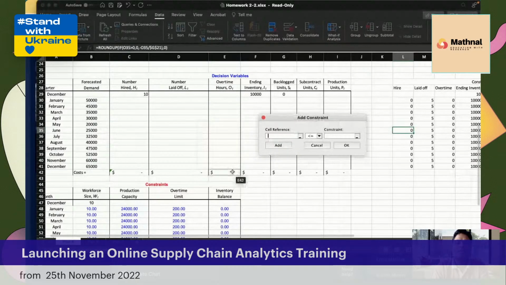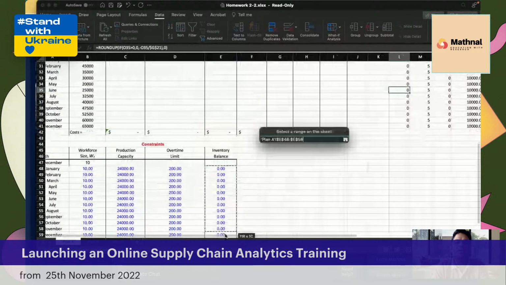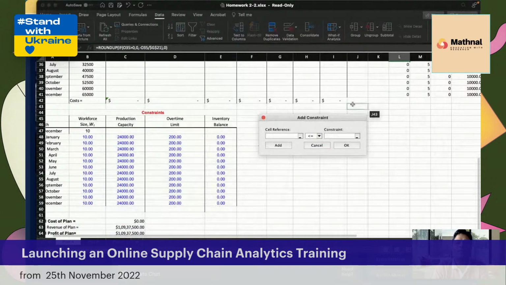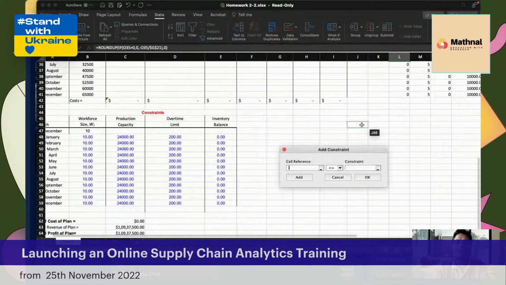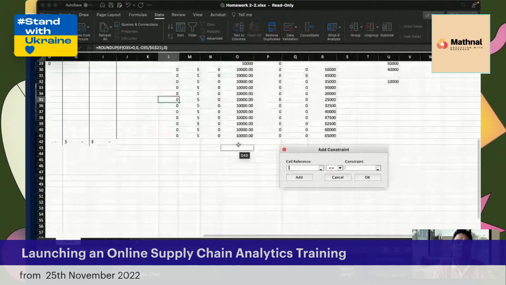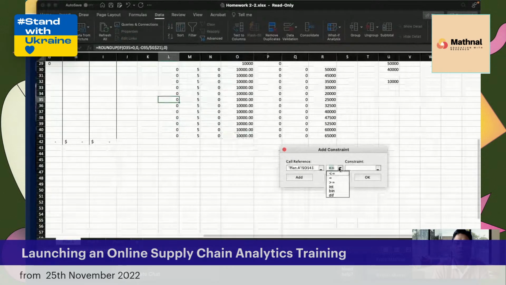The first thing is we need to have the inventory balance 0. The most important. Second thing, we want our closing inventory, our ending inventory, equal to 10,000. That's all we have defined.